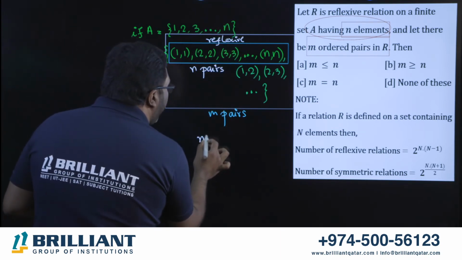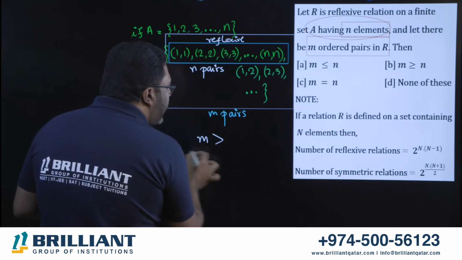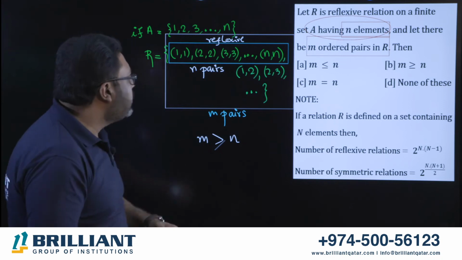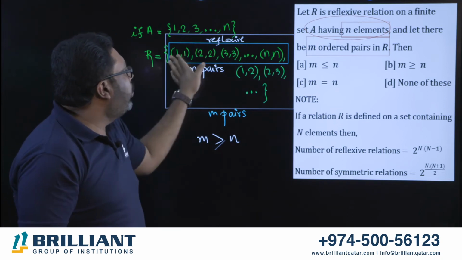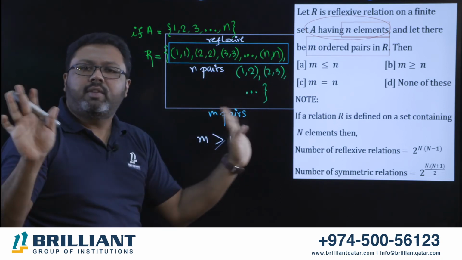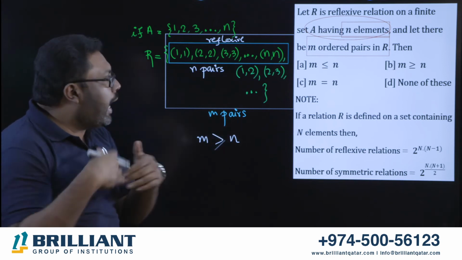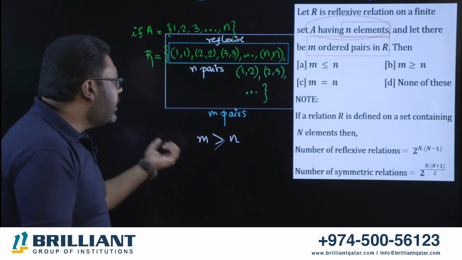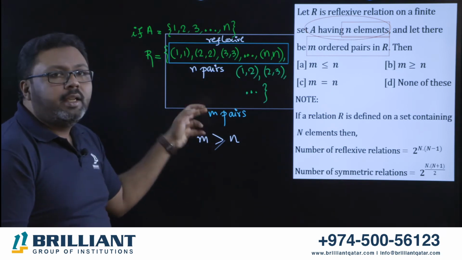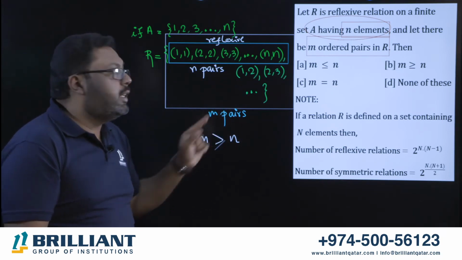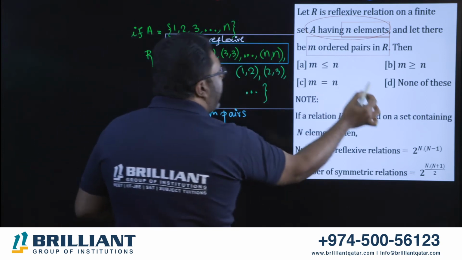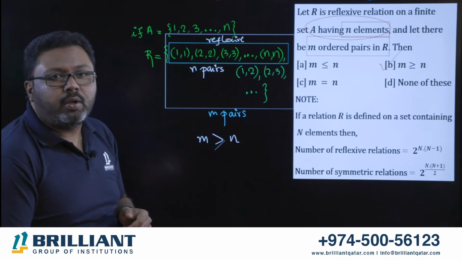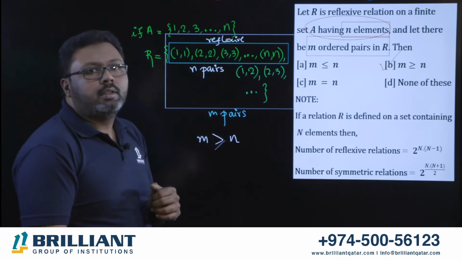The value of m should be greater than or equal to n. Yes, I can say that the pairs (1,1) to (n,n) form a reflexive relation, but if I add more, it still stays reflexive. So the number of ordered pairs m inside the relation should be greater than or equal to n. Answer is option B. M is greater than or equal to n. A very easy question. Yes?